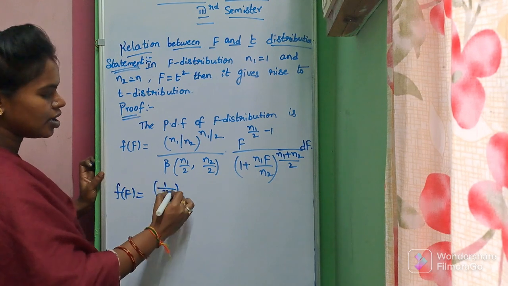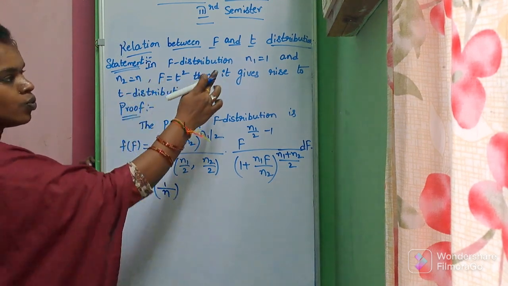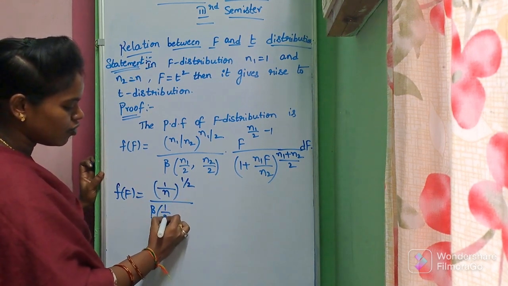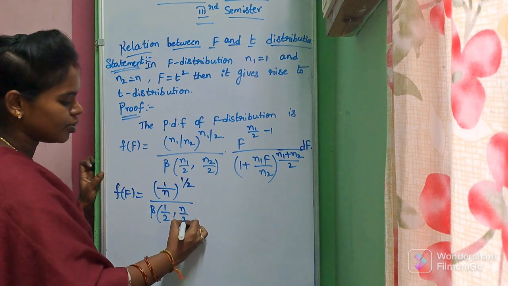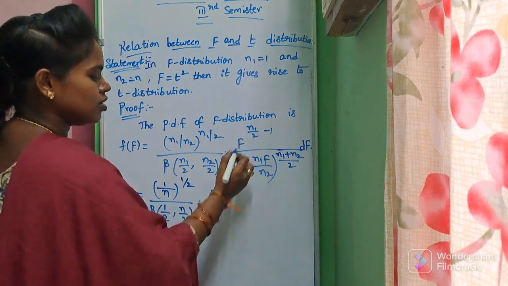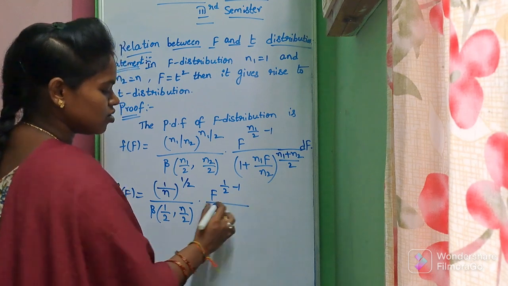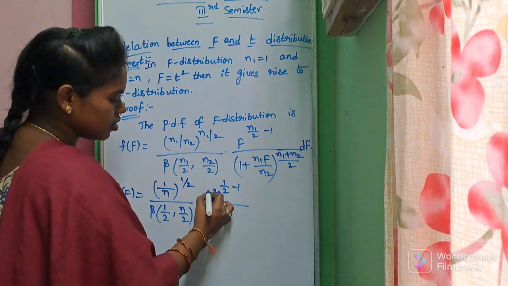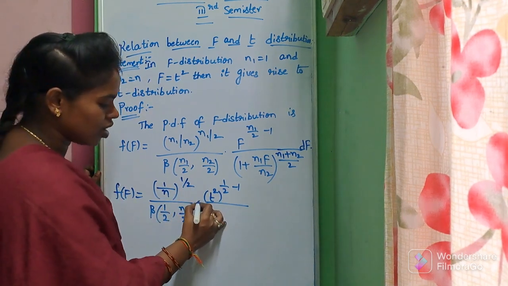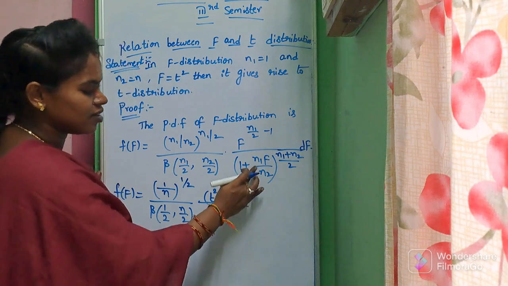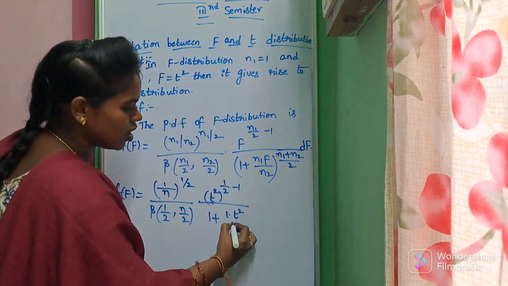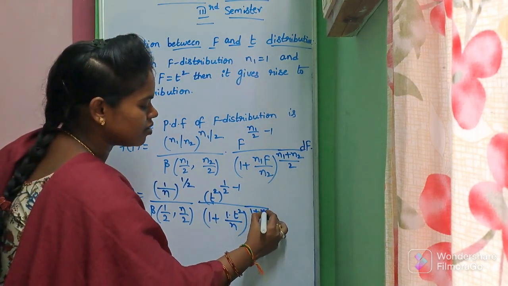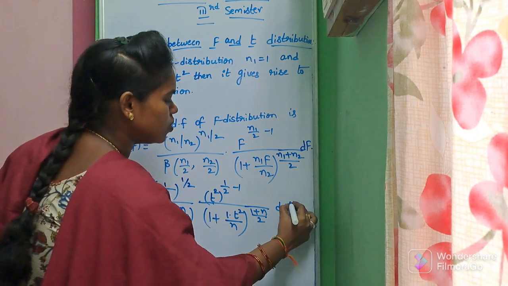So (1 by n) whole power 1 by 2 by beta of 1 by 2 comma n by 2, F power 1 by 2 minus 1. Here we have to substitute t square in place of F: (t square) whole power 1 by 2 minus 1 into (1 plus 1 into t square by n) whole power (1 plus n) by 2 into d(t square).